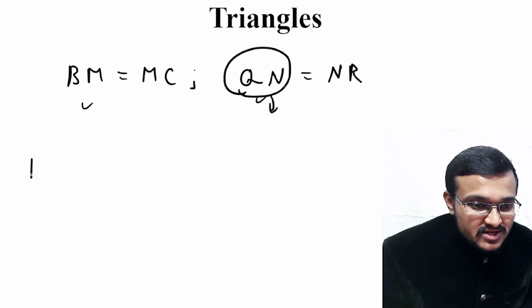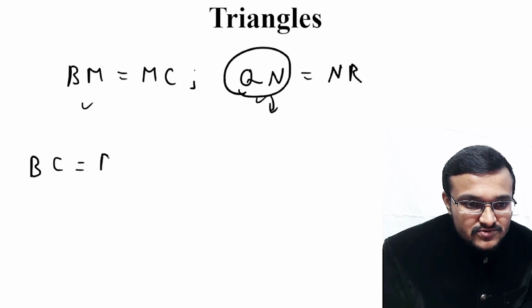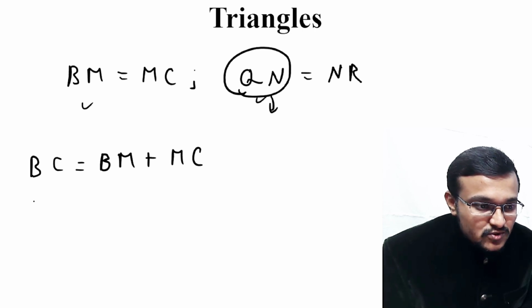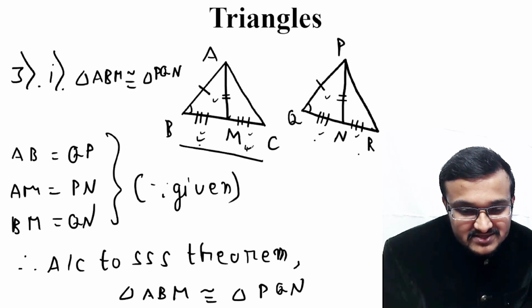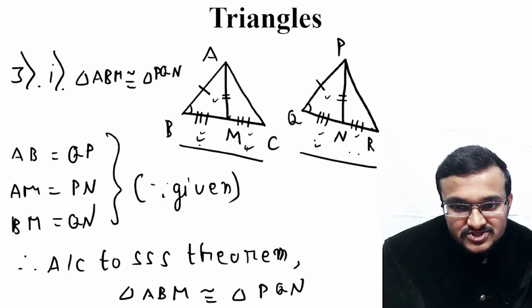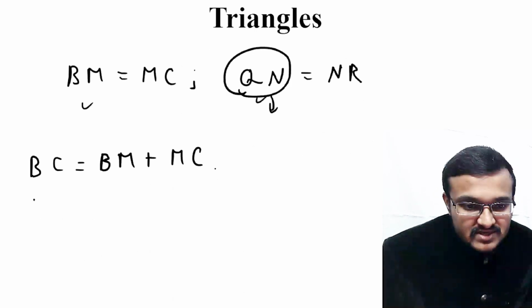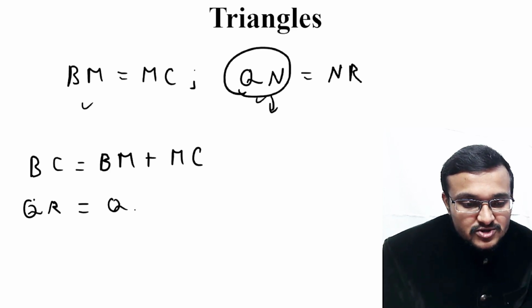And we know the total line BC is equal to BM plus MC. This is the total line BC, which is BM plus MC, and this is the total line QR, which is QN plus NR.